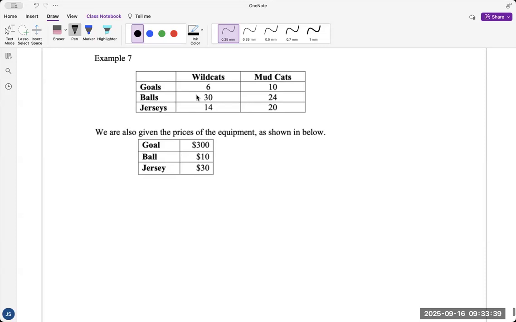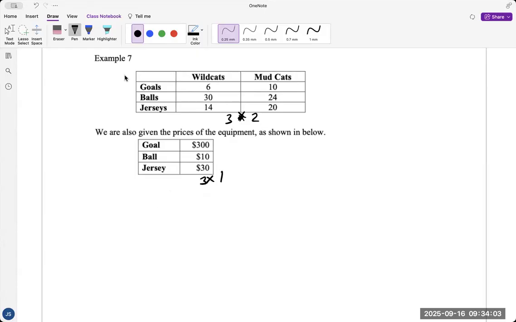So let's double check that we can actually multiply them. We have here 3 rows by 2 columns, and then here we have 3 rows by only 1 column, right?